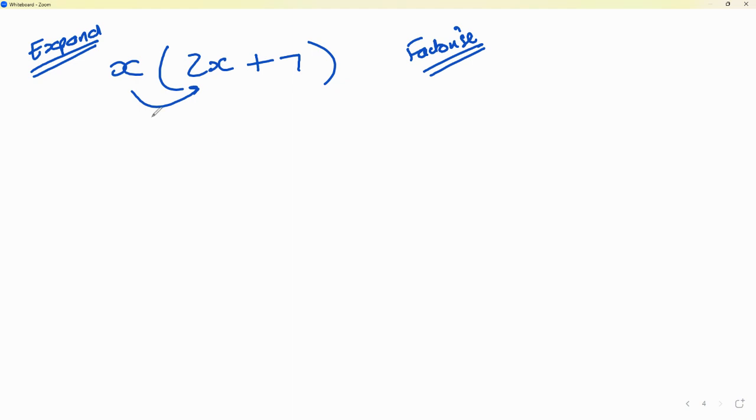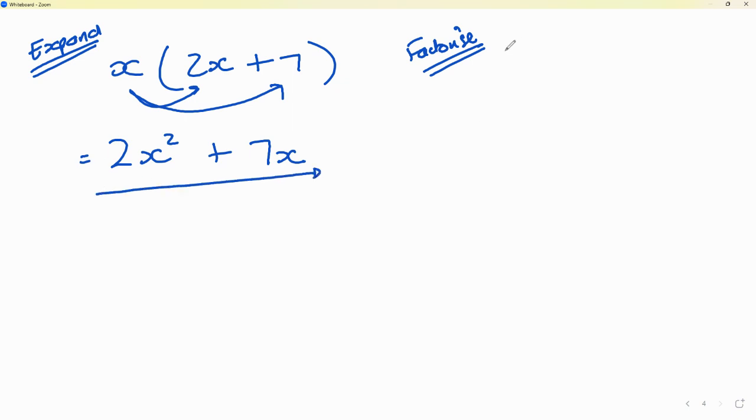X multiplied by 2x. So we take whatever's outside the bracket and then multiply it by whatever's inside the bracket. In this case, x times x is x squared, and we just leave the 2 there. X times 7, 7x. It's going to be plus 7x. And I'm done.